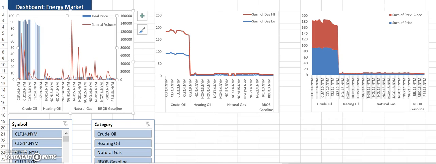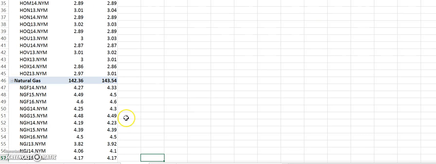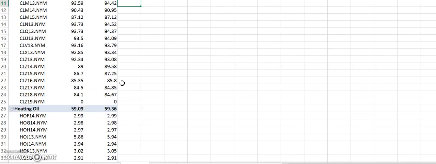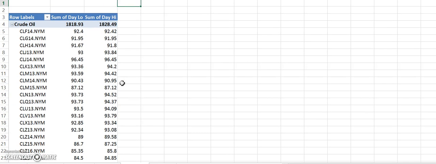In my second pivot table, this one, I try to capture the change of price in a single day from day low to day high. In the pivot table, we can find that the daily price of crude oil is not stable compared to other categories.